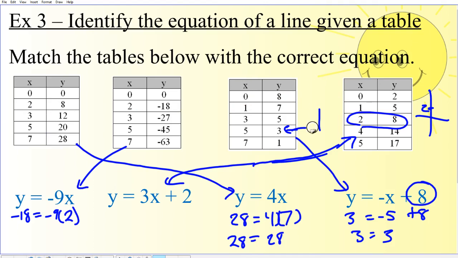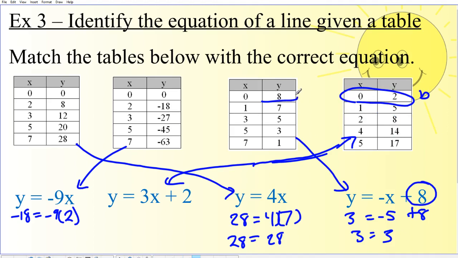The y-intercept always happens when the x value is 0. There's the y-intercept. There's the y-intercept. But I saw that when I started plugging points from my tables into my equations, each table will only work with one equation. Okay?